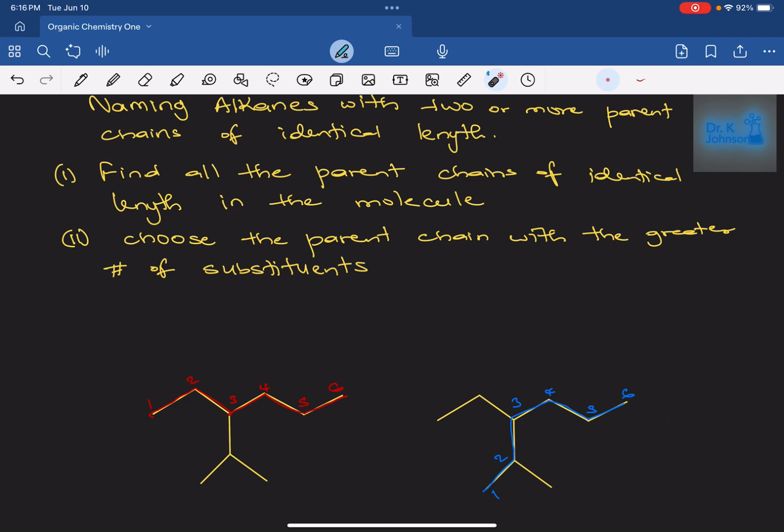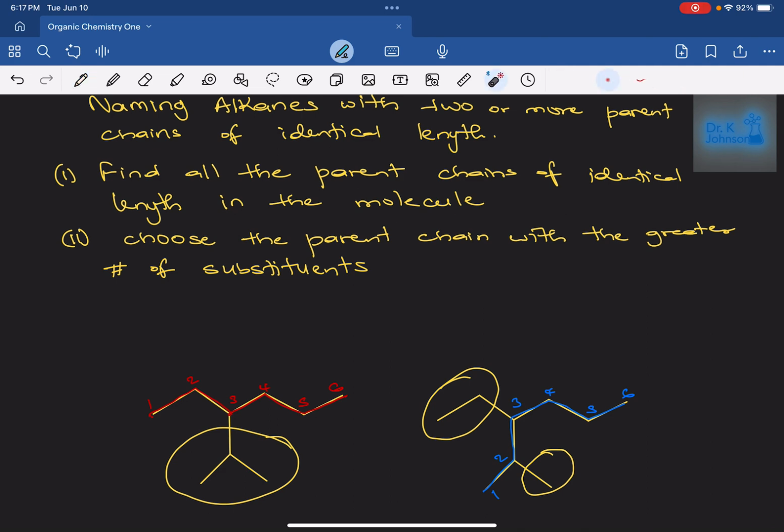All you have to do is choose the parent chain with the greater number of substituents. So let's look here. For the red one, I only have one substituent. Let's circle that one substituent, right? When it's blue, I have one, two substituents. Remember, your substituents are branch groups.